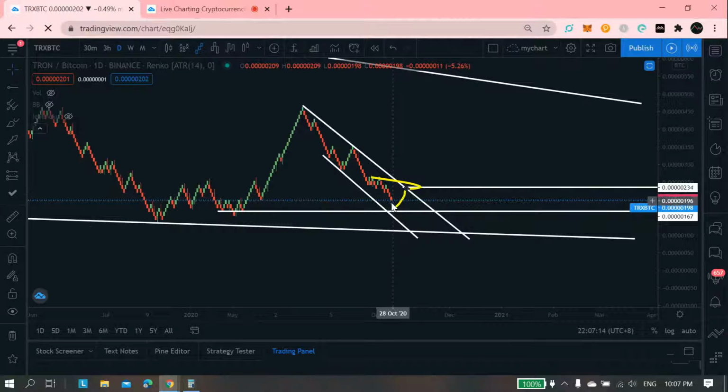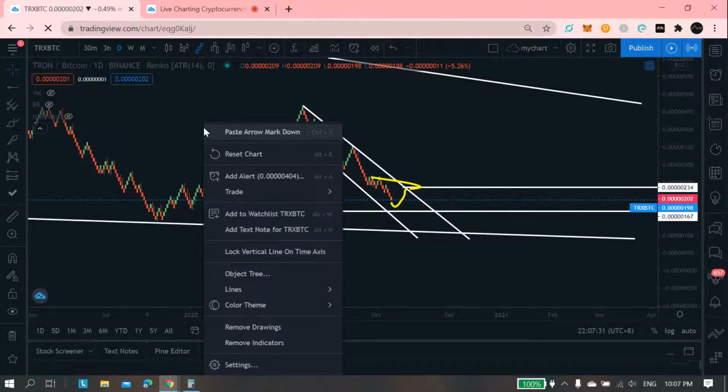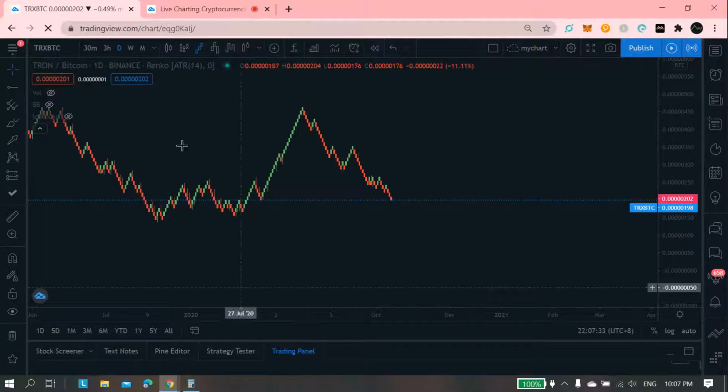But currently my bias is, of course, bearish. And a breakdown to 167 could possibly retest the long-term resistance of around the 113 Satoshi area. So that's using the Renko chart. Now let's use the candlestick chart, this one.